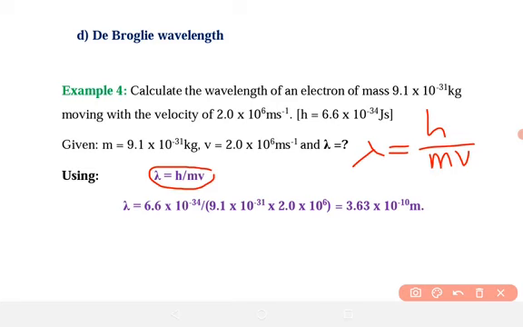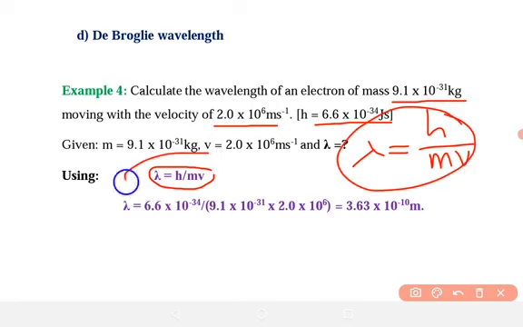Okay, let's go back to the question. The question says, calculate the wavelength of an electron of mass 9.1 times 10 raised to power minus 31 kilogram, moving with a velocity of 2 times 10 raised to power 6. That is, this is the mass of the electron that is moving with this velocity, and Planck's constant is given, and we have to find the wavelength using this formula.